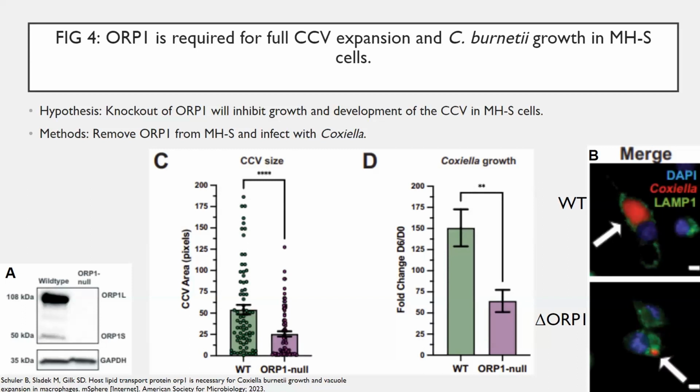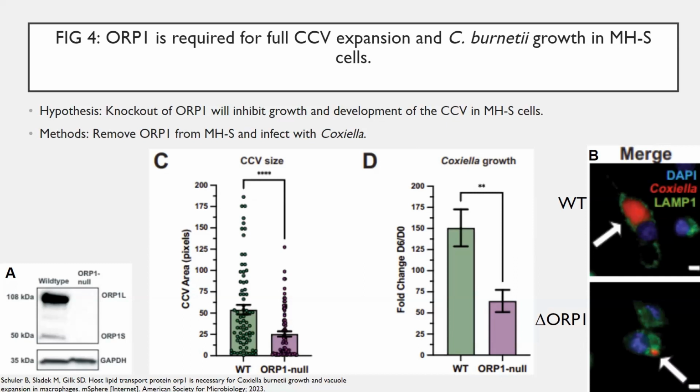Looking at part A, that's basically just the Western blot of their knockout and a wild type of the MHS cells. I believe they used CRISPR to knock it out, and it seems they did a pretty good job. I'd say that it's a good looking Western blot.